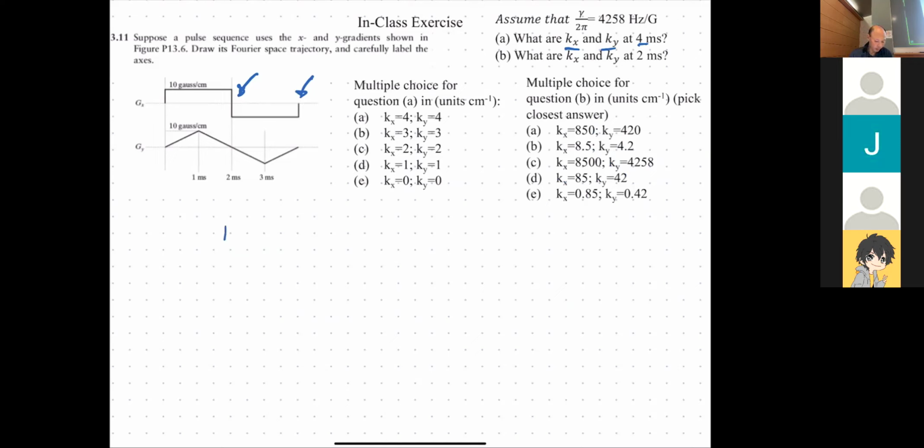Remember, if I draw kx as a function of time, at 1, 2, 3, 4 milliseconds, I'm just integrating that waveform. So you go back to your first year calculus and integrate the waveform.